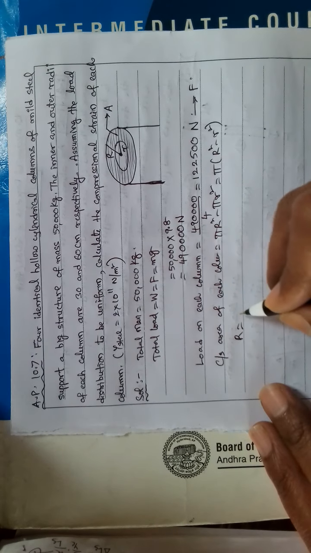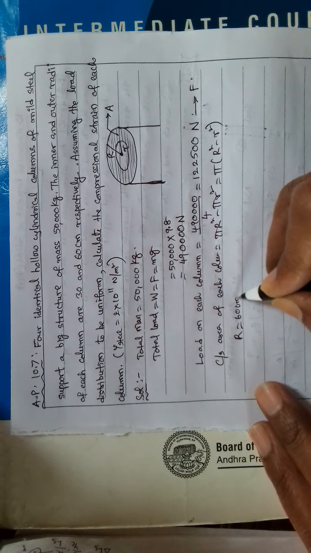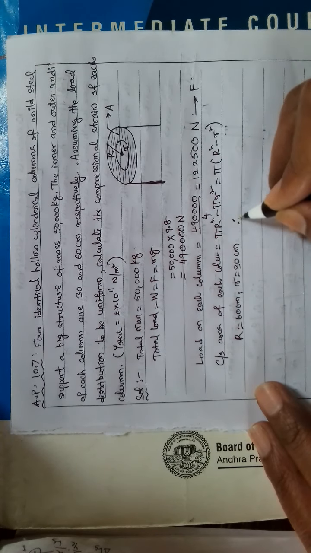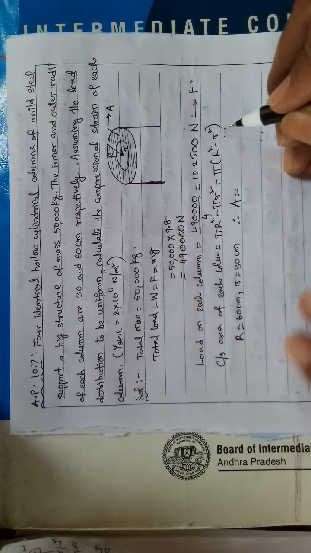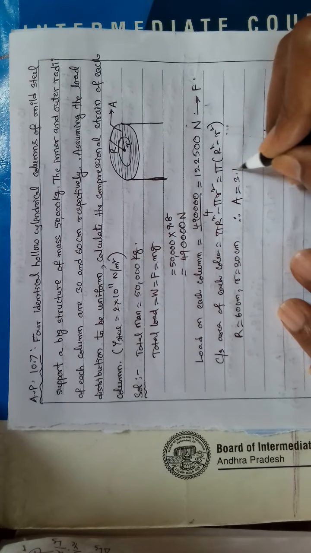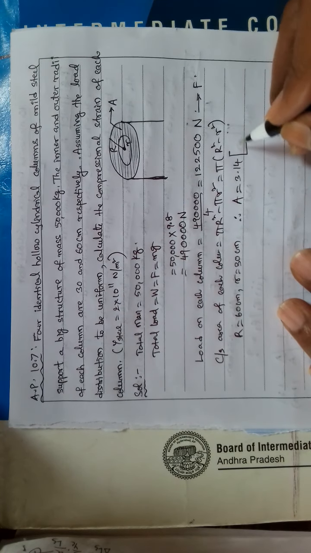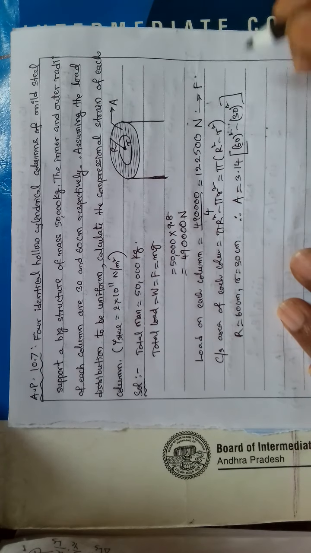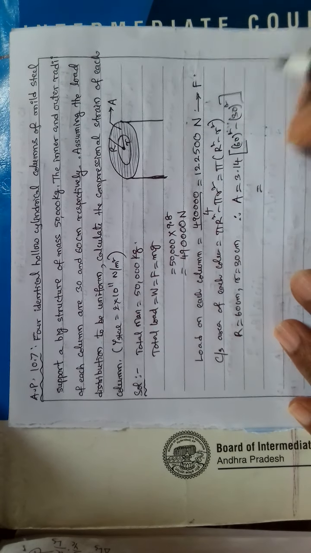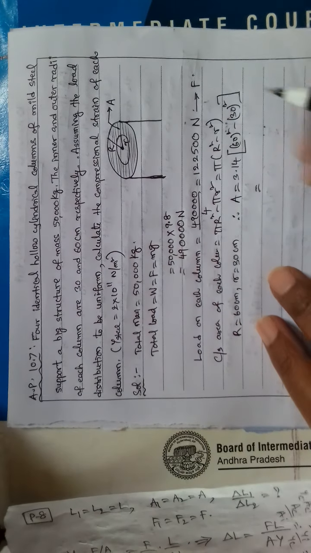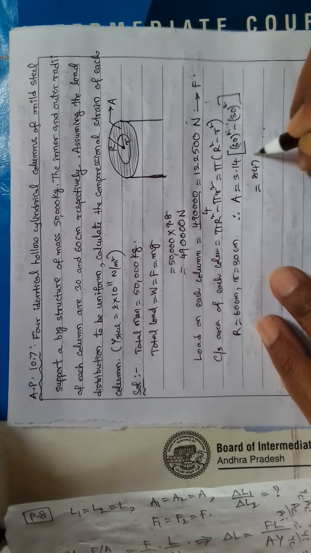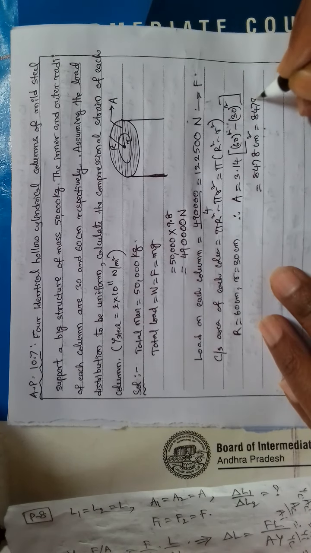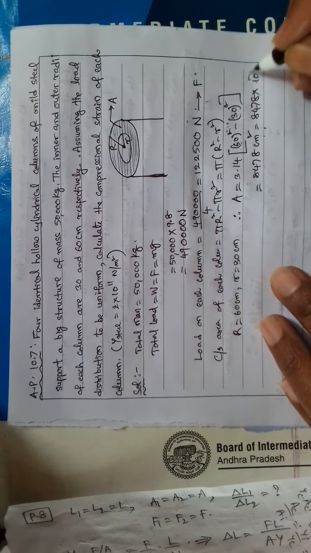Capital R is 60 centimeters, small r is 30 centimeter. Therefore, capital A is equal to 3.14 into 60 square minus 30 square. So we get the value in centimeter square. Centi means 10 power minus 2.